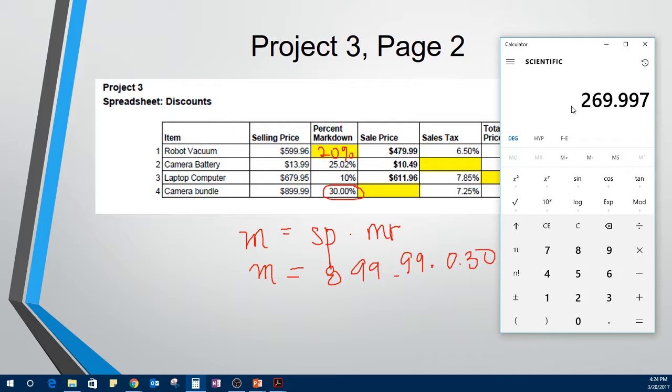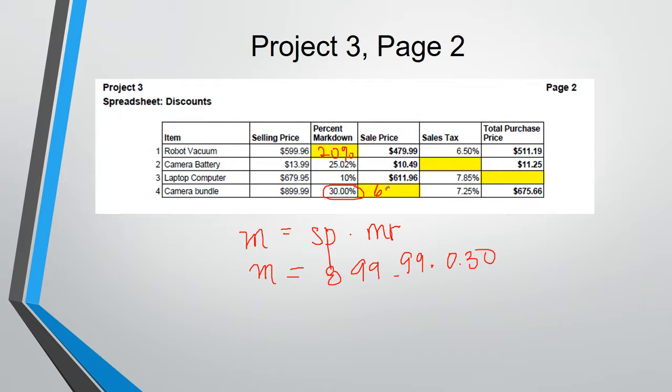That is the markdown. So now what we need to do is take the selling price of $899.99 minus the number we had earlier, which is $269.99 or $270, giving us $629.99. So that is the sale price.